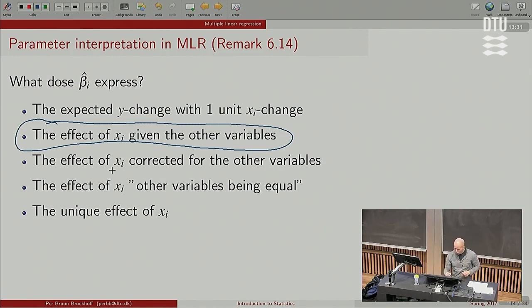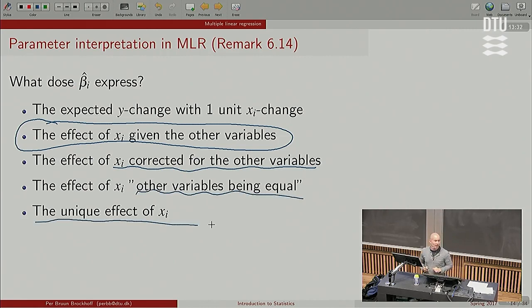It's like we correct for the other values. It's all other variables being equal. It's the unique effect of xi. We have cleaned out the effect of the others. There are many words for the same thing that you'll hear researchers use when they correct for demographic background. It means that likely there is a linear regression effect of such a thing, because the other effect, the interesting part, has been corrected for the other one.